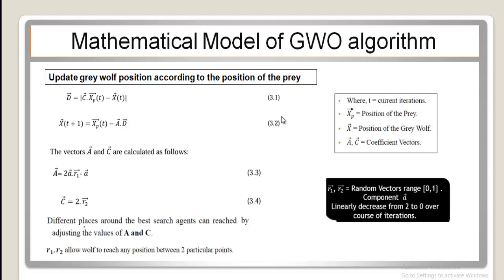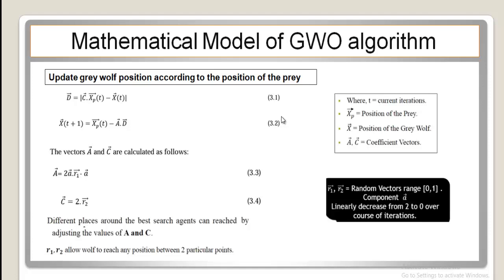The first equation, 3.1, represents the distance calculation. The distance D is calculated as the absolute difference between the position of the prey, X prey, and the current position of the gray wolf, X(t). This distance will inform how the wolf adjusts its position. The position update is represented in equation 3.2.